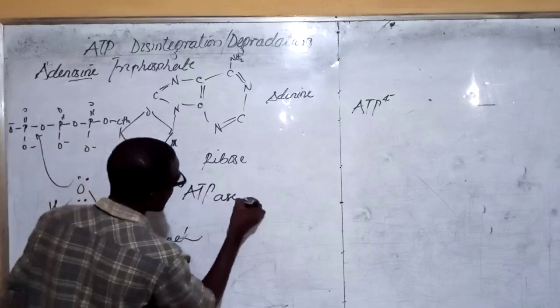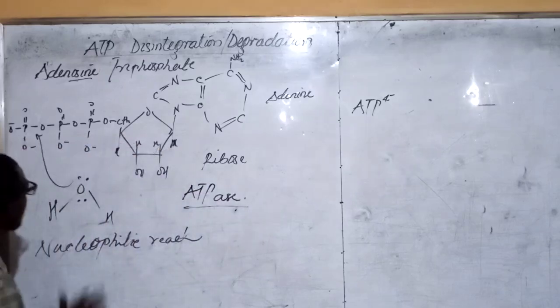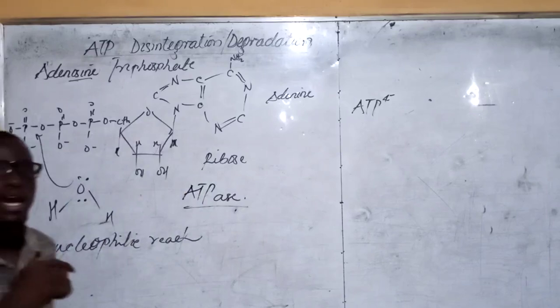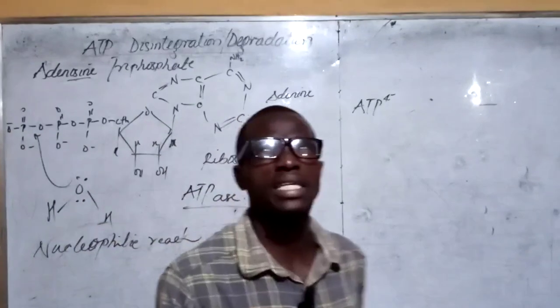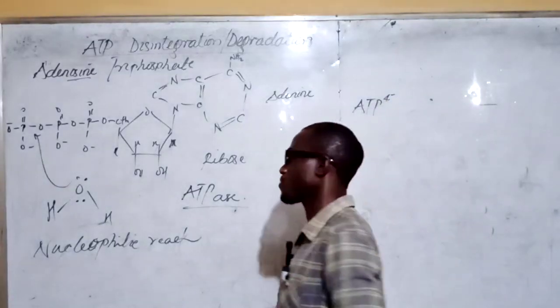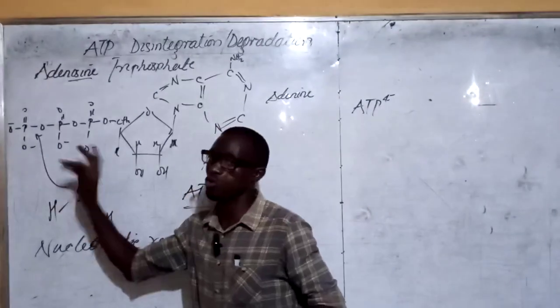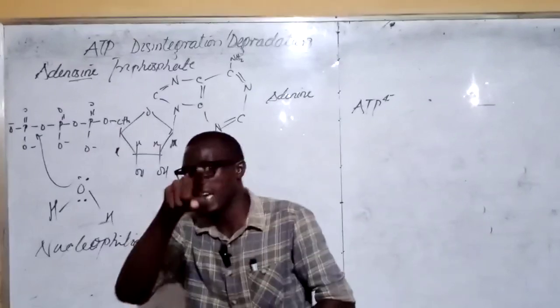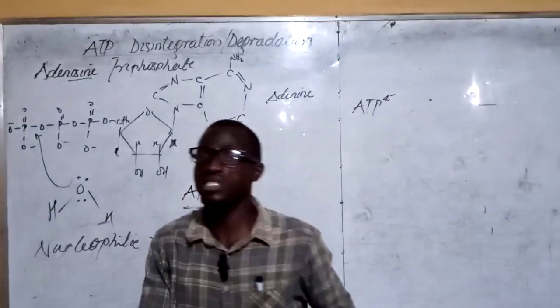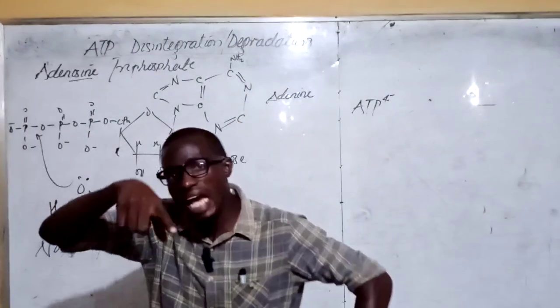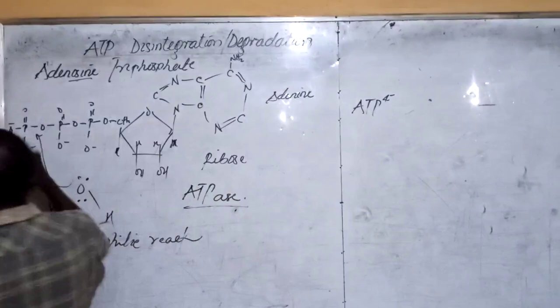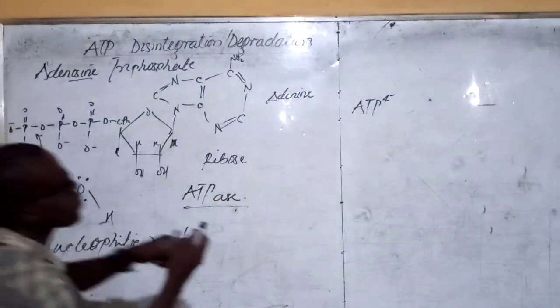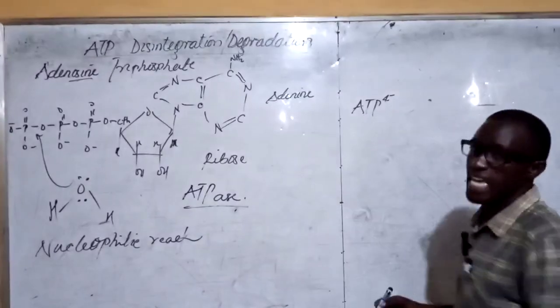So we simply say that this enzyme ATPase keeps these groups busy by temporarily protonating them. When they are temporarily protonated, they are unable to restrict the negative charge that's coming to attack. So because of that, the negative charge is able to attack, and then we started off with ATP.